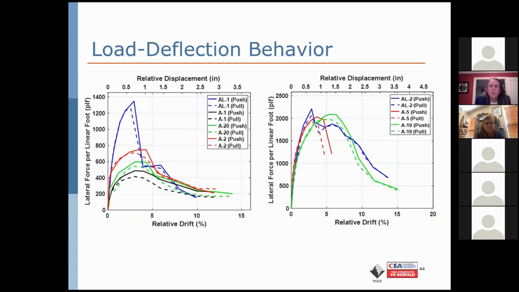These figures were put together to compare the large component specimens that you see in the blue lines to the small component specimens with a variety of different boundary conditions, because we were looking at boundary conditions and their effects. The left-hand side is without retrofit and the right-hand side is with retrofit.